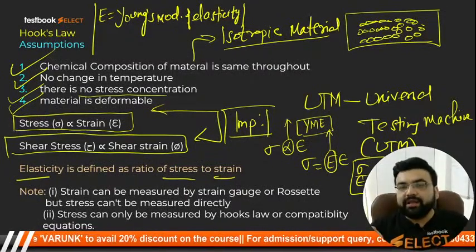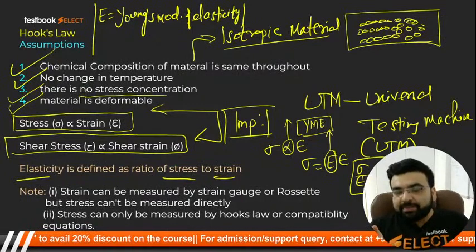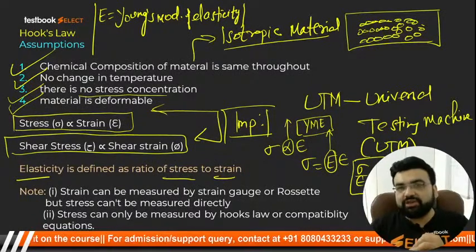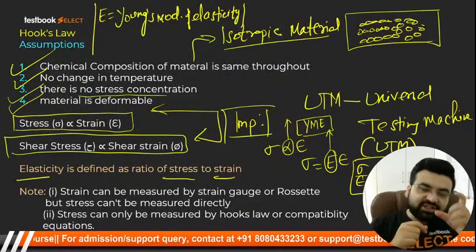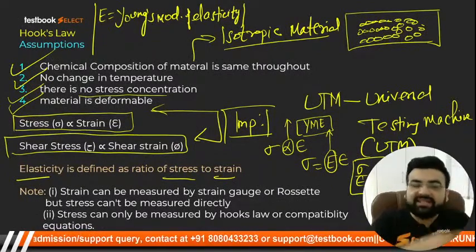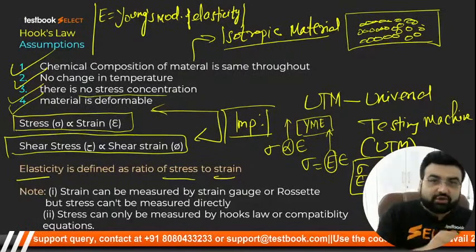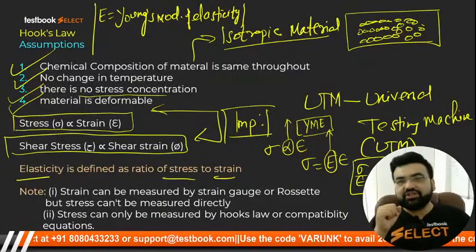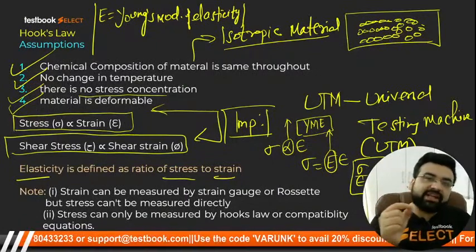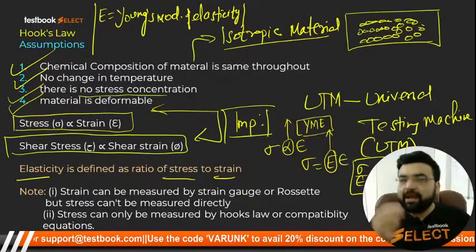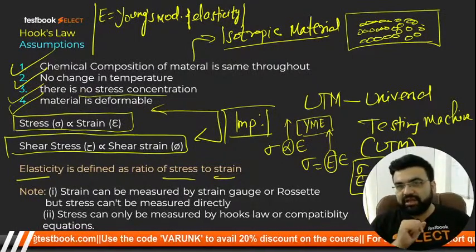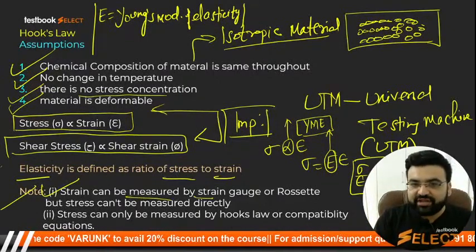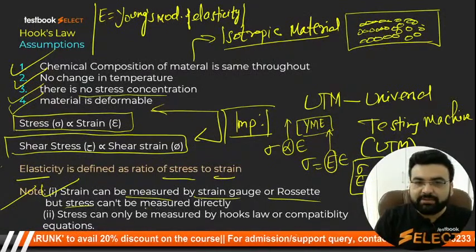का पता होता है, क्लियर. इसके बाद आपका इसमें है स्ट्रेन. स्ट्रेन को निकालने के लिए हमारे पास एक रोजेट सिस्टम होता है या स्ट्रेन गेज होती है, और स्ट्रेन गेज से कितना डिफॉर्मेशन हुआ है ये आप इजीली कैलकुलेट कर सकते हो. लेकिन स्ट्रेस को अगर आपको कैलकुलेट करना है, यू हैव टू यूज द हुक्स लॉ और कंपैटिबिलिटी कंडीशंस और कंपैटिबिलिटी इक्वेशंस. कंपैटिबिलिटी का मतलब क्या होता है, ये आपको थोड़ी देर में पता चल जाएगा. लेकिन बस आप ध्यान रखना, यही मैंने यहां पे नोट के ऊपर लिखा हुआ है, strain can be measured by strain gauge or rosette, but stress cannot be measured directly.